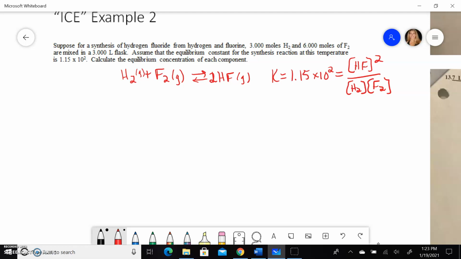All right, in this case we have some initial concentrations, so let's go ahead and write those out. I'm going to put a subscript 0, which means at the start of the reaction, so that means the initial time.